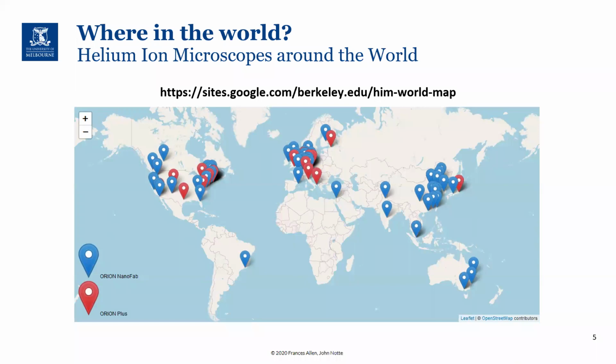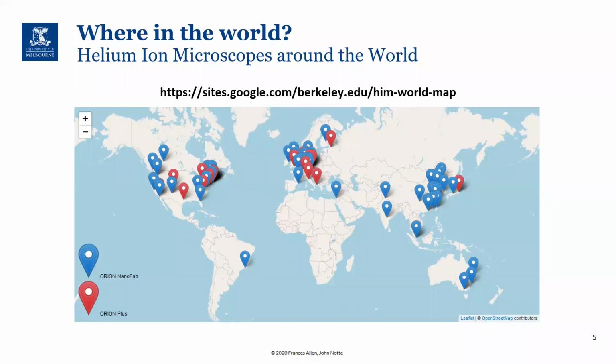So if you are listening in from any of the countries where you can see a pin here, there is a microscope nearby to you. You can visit this website and click on the pin and see whereabouts that microscope is located, and you can contact your local researchers there to find out about how this technology could possibly help you.